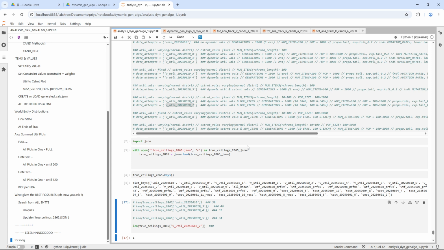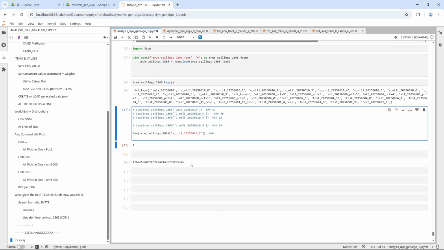where or when the utility values or constraint values or both of them vary, still kind of works. Well, in this case it kind of didn't work, because when we usually got 39, 46, 30, so somewhere around 30 or 35 true ceilings out of this many possible combinations, we could say it worked.